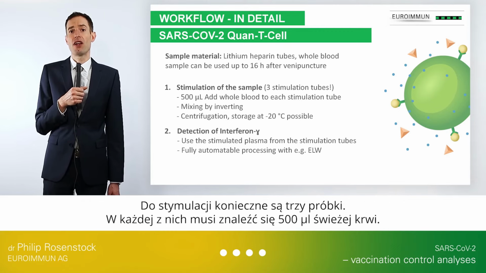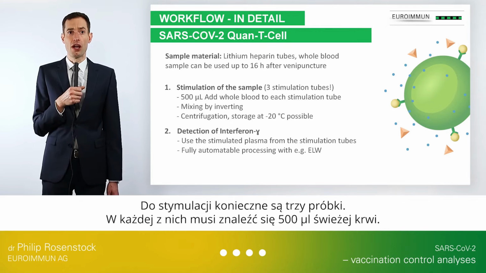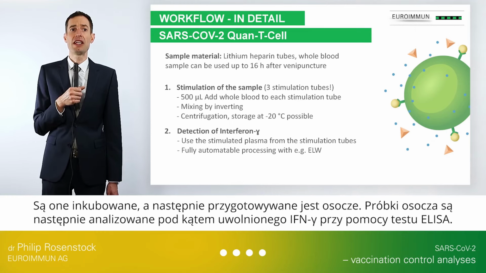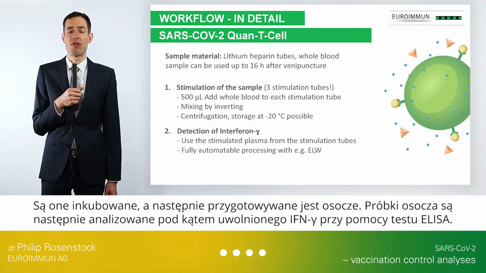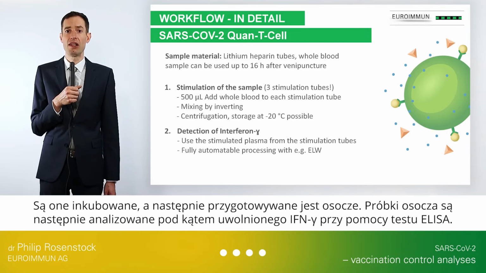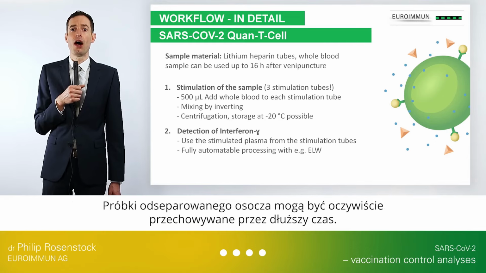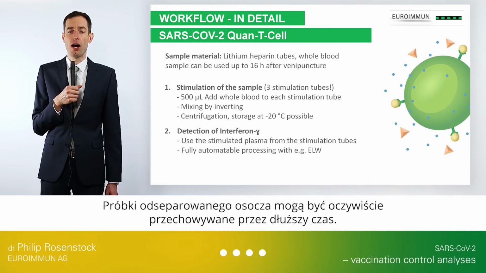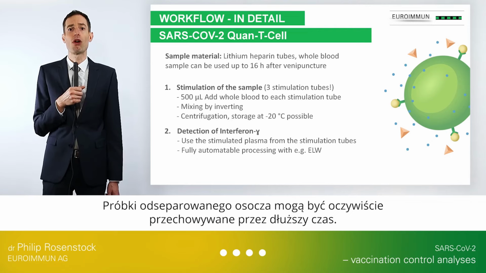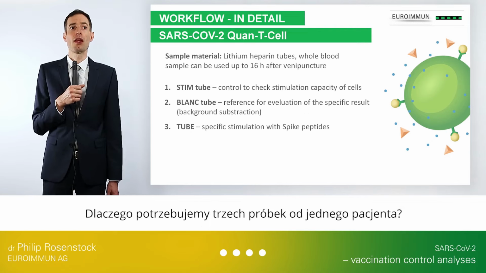The stimulation requires 3 tubes. Each tube is filled with 500 microliter, incubated over a longer period, and then the plasma is prepared, and this plasma is analyzed for interferon gamma release in an ELISA. After the plasma is separated, the sample can be stored for a longer period, of course.